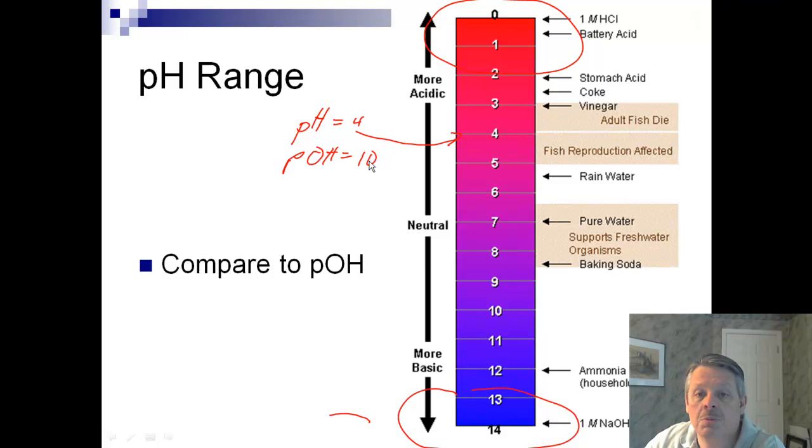Sure, it's going to be 10, because 10 plus 4 makes 14, right? So if your pH is 4, your pOH is 10. Similarly, if I'm down here, if my pH is 10, then my pOH would be equal to 4. So you should be able to figure those out by looking at your pH range.